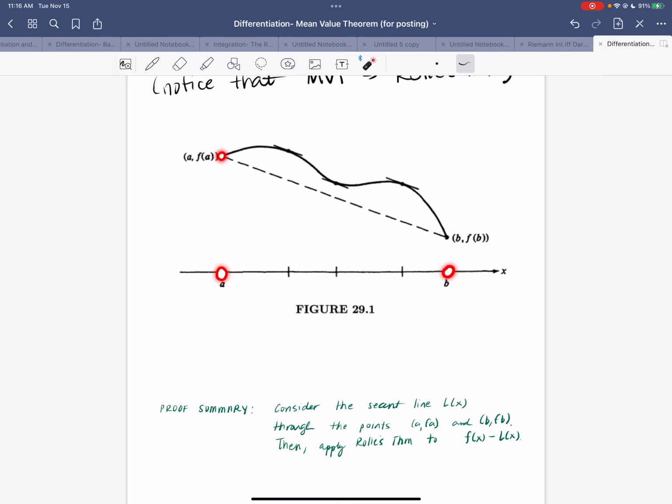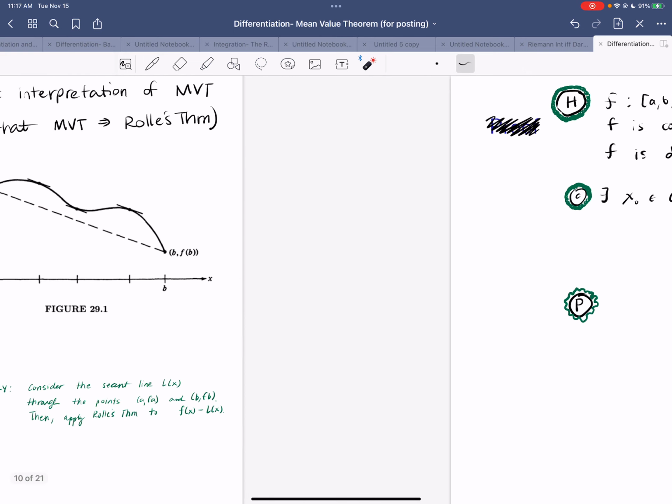So we'll end up with a function that is still continuous and still differentiable on (a, b), but the values at the endpoints will be 0. Make sense? So we can apply Rolle's theorem to the difference between the function and the secant line through those 2 points, okay?